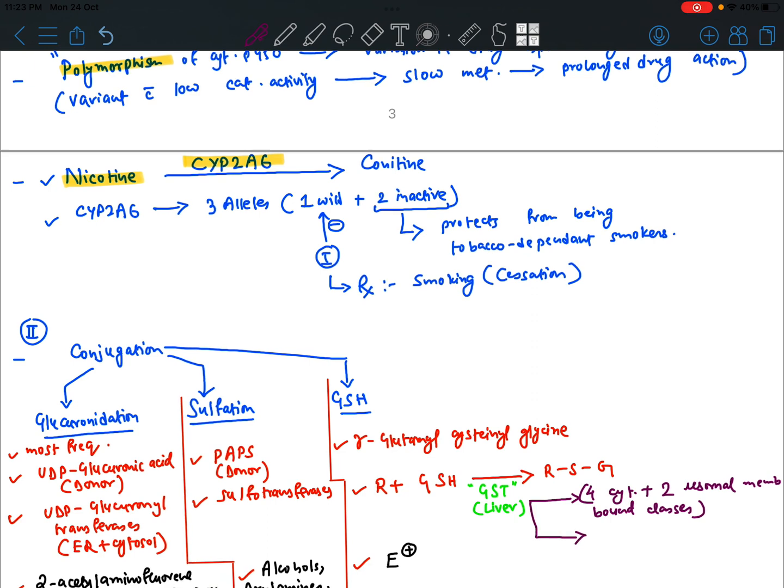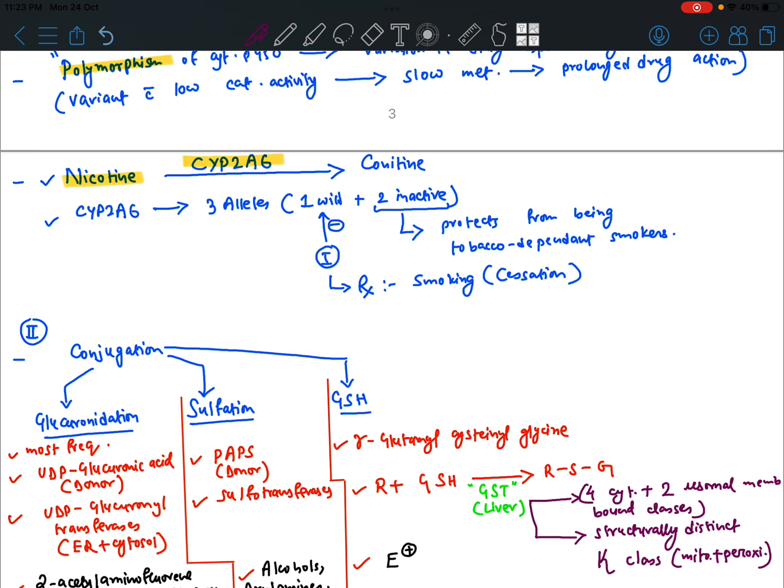It also has a structurally distinct kappa class, which is found in mitochondria plus peroxisomes.